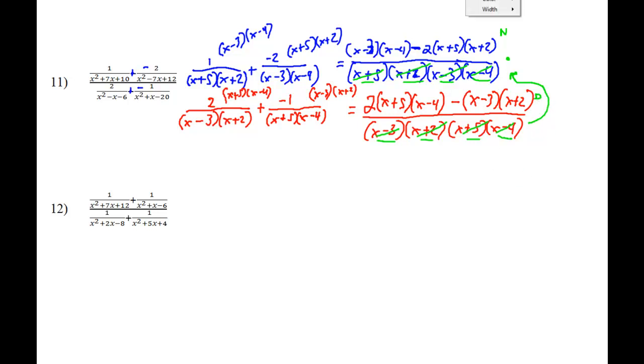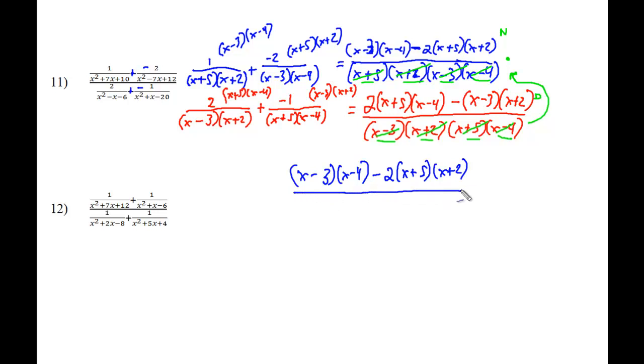So I'm not going to change to the color green, but I want to show you, using the colors blue and red, what just happened. This numerator here, this one up here that had no canceling, is x minus 3 times the quantity of x minus 4 minus 2 times the quantity of x plus 5 and x plus 2 over.